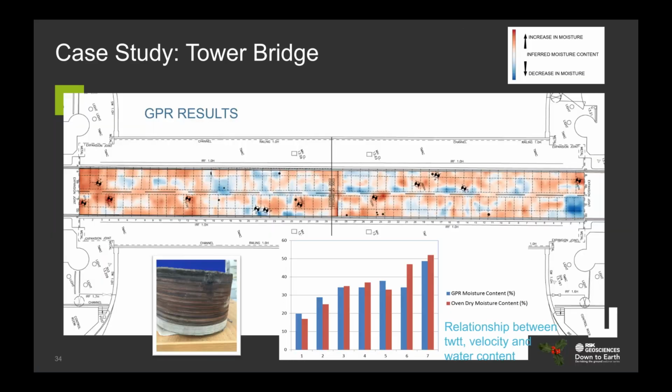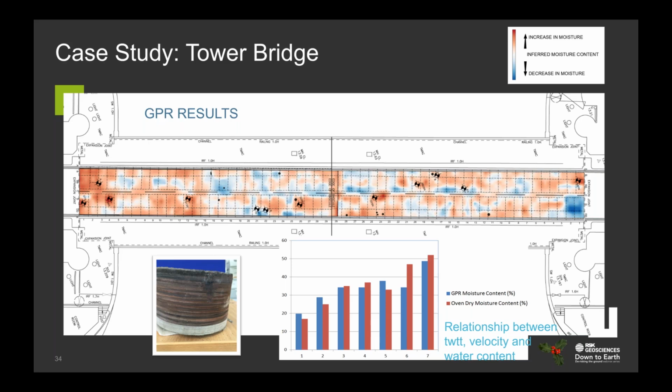In this case, we also had some core samples taken, which again helps us to calibrate and validate our results. These samples were taken to a laboratory and were oven dried to measure the change in weight and therefore the percentage of water. Obviously, as these were lab tested and not in situ, there will be some difference to what's measured in the lab, just based on loss in transit and stuff like that, but it'll only be small.